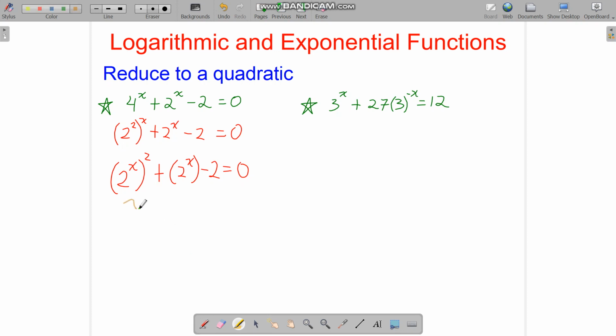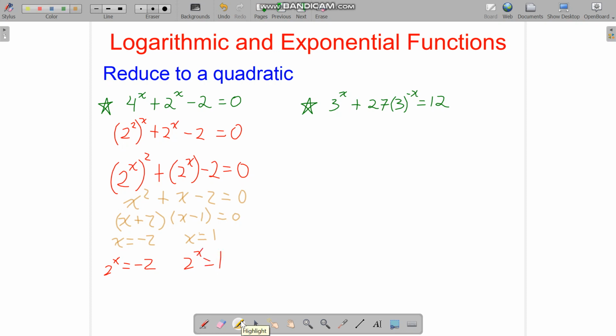Okay, this is the same as x squared plus x minus 2 equals 0, which can be factorized, and we will get x plus 2, x minus 1 equals 0, which means the x can be minus 2 or x can be 1, and therefore 2 to the power of x equals minus 2 or 2 to the power of x equals 1.